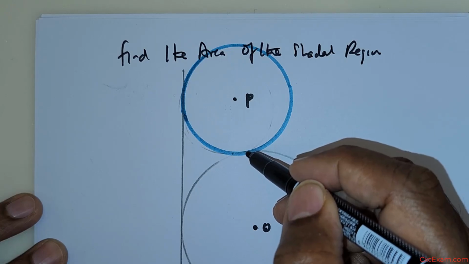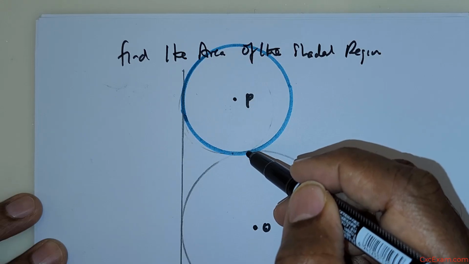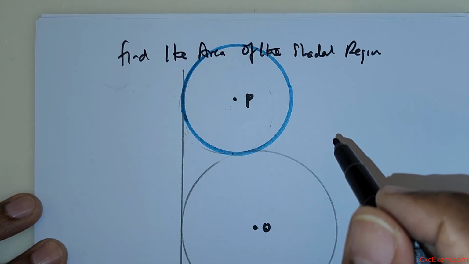So in other words, if we were to draw a line through the point of tangency, then that line will connect the centers of the circle. So that is a geometrical property.